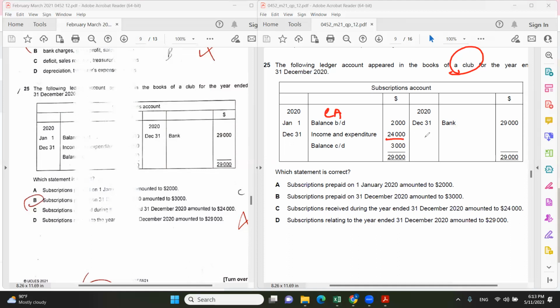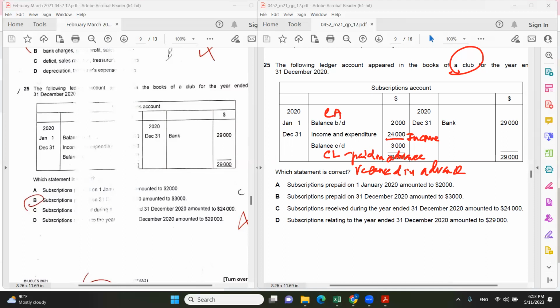This should be recognized as income to the club, the total income for the year. This means a current liability: some of the members paid the club in advance, a liability to the club.